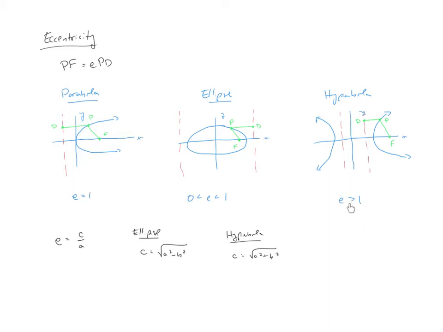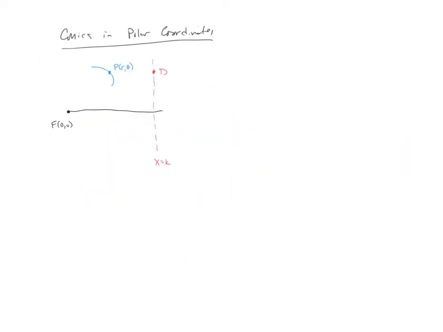And e being bigger than 1 implies that c is bigger than a, so the foci would be outside of that fundamental rectangle we drew with those vertices for the hyperbola. This makes it far easier to remember the conditions necessary for each of these conics to exist given their eccentricities.